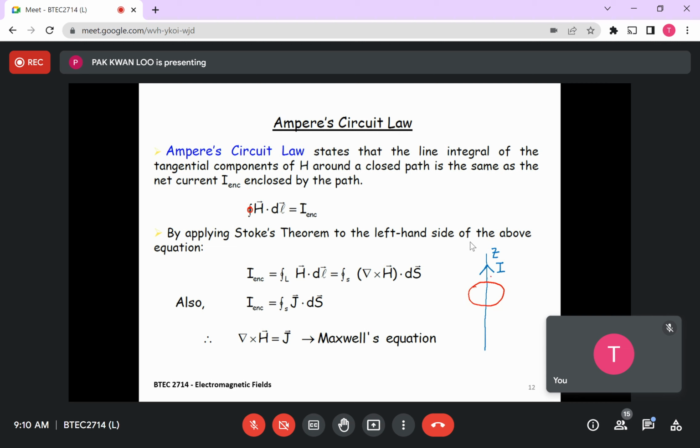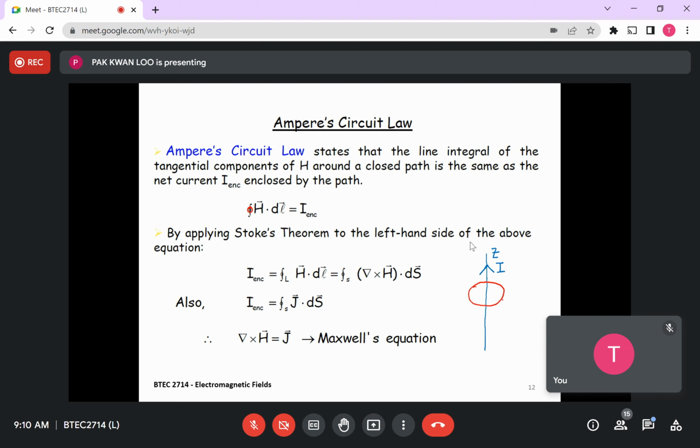That means only if the line is infinite can we apply Ampere's law. However, again, I want to emphasize there's no infinite line current. It always depends on the point of reference, the point of interest where we want to determine the magnetic field.